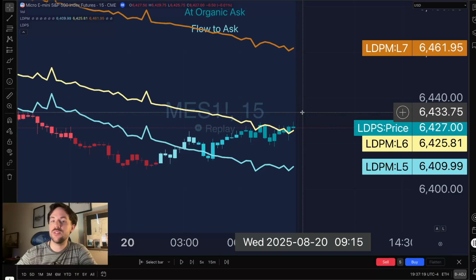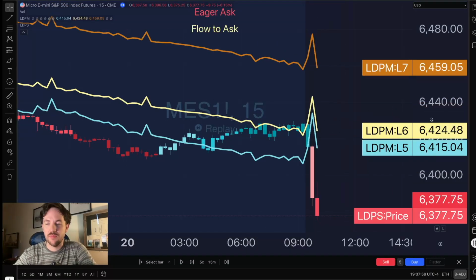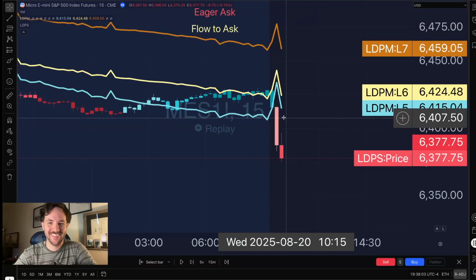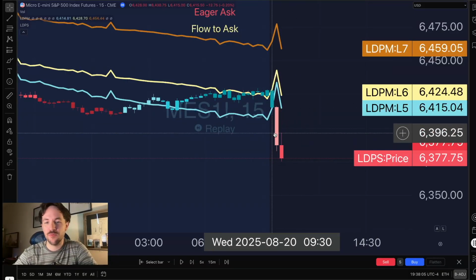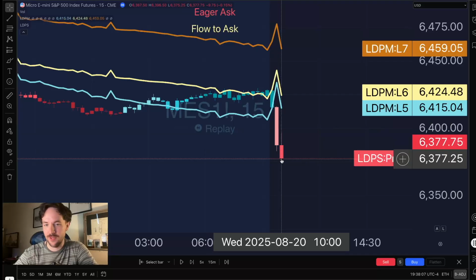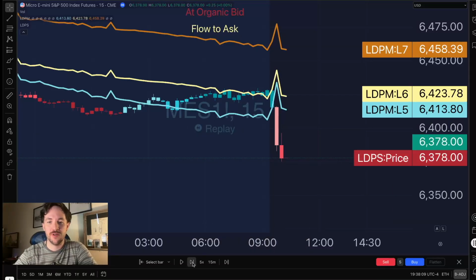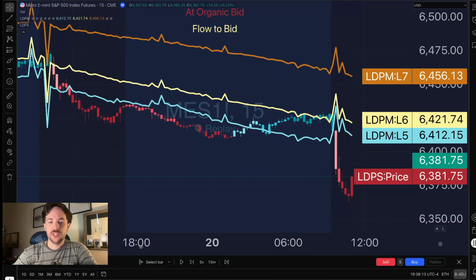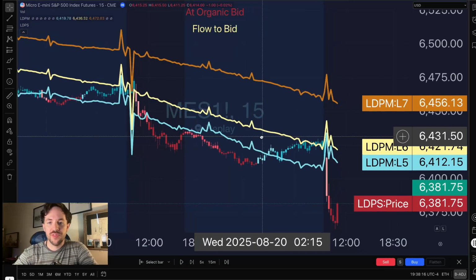Maybe you might want to at least wait a minute or two. LDPM just moves. LDPM made the decision for spot. It moved very nicely up, and then we return to bearish. We're now below where the bull trap started, and so on and so forth. And that's the gist of the whole thing.